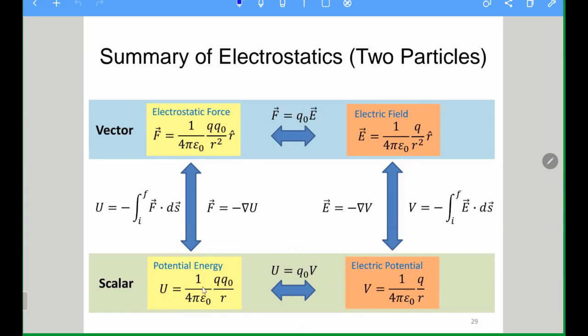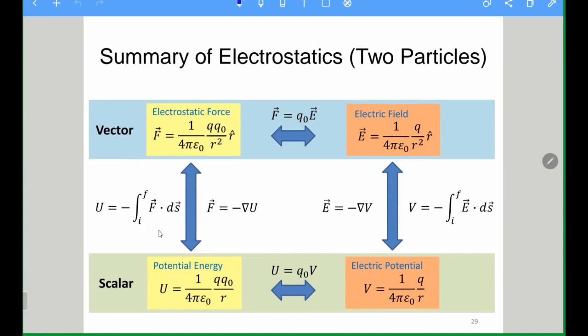And then similarly, these two are similar. So actually, this is a force. This is the potential energy. So the potential energy is a scalar field. If you need to turn it to a vector field, you take the gradient operator and take the minus sign. It becomes the force field.